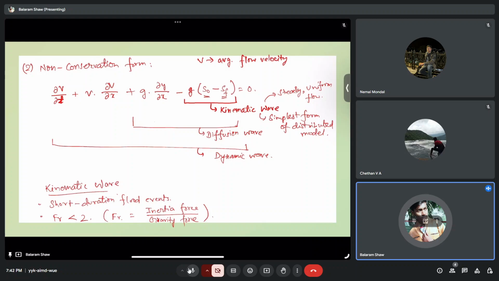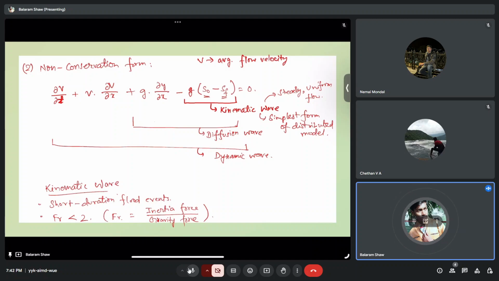And next, we have diffusion wave and dynamic wave. The dynamic wave will govern the flow when all the terms are considered, that is the inertial force, pressure force, all these terms are important. For example, if a large flood wave is happening, inertial force will be there, pressure force, gravity force and friction force, everything will be there, and hence we consider the dynamic wave.